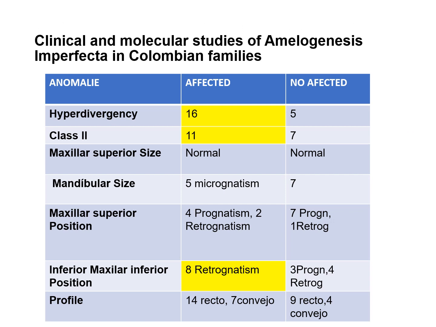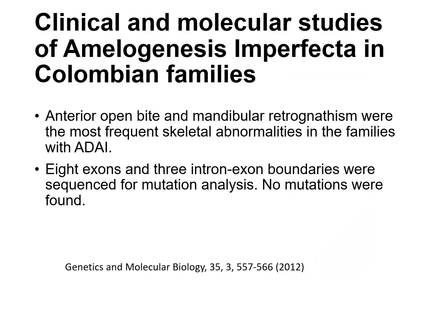We can see in this table which skeletal anomalies were found in higher percentage of those affected: hyperdivergency, skeletal class 2, and retrognathism. Anterior open bite and mandibular retrognathism were the most frequent skeletal abnormalities in the families with autosomal dominant amelogenesis imperfecta.